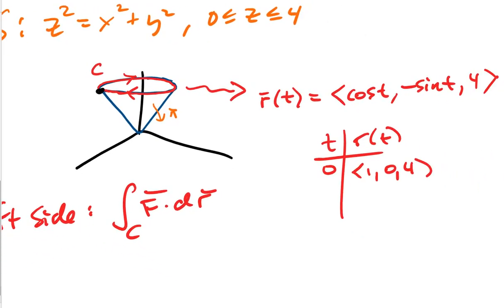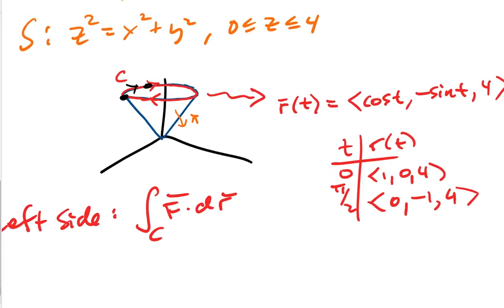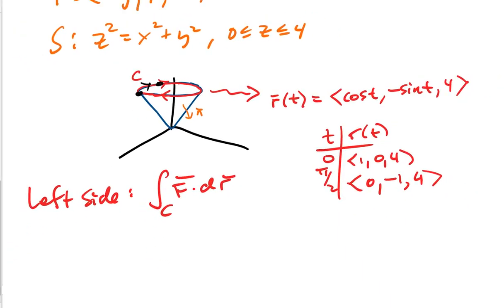Over 1, up 0, yeah. And then when t is pi over 2, we get 0, negative 1, 4. So we're going back in the y direction. So that would be somewhere over here. So you're going that direction. Yeah, so it works. All right, so I verified that my r of t is correct.